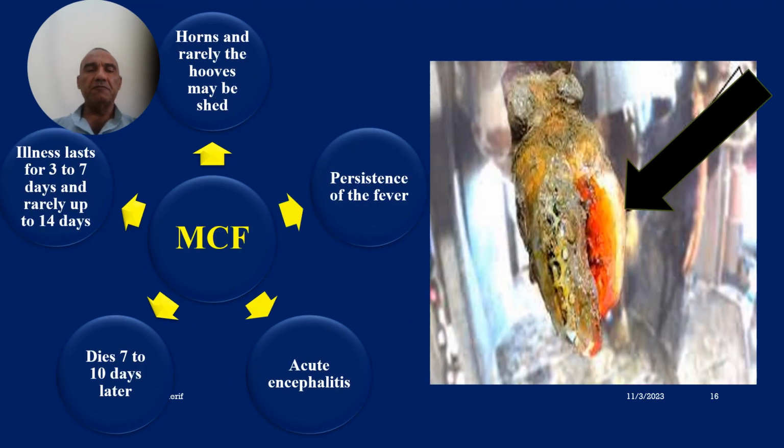Malignant Catarrhal Fever disease showing horns and rarely the hoof may be shed as appears in this picture, and the black arrow shows it.